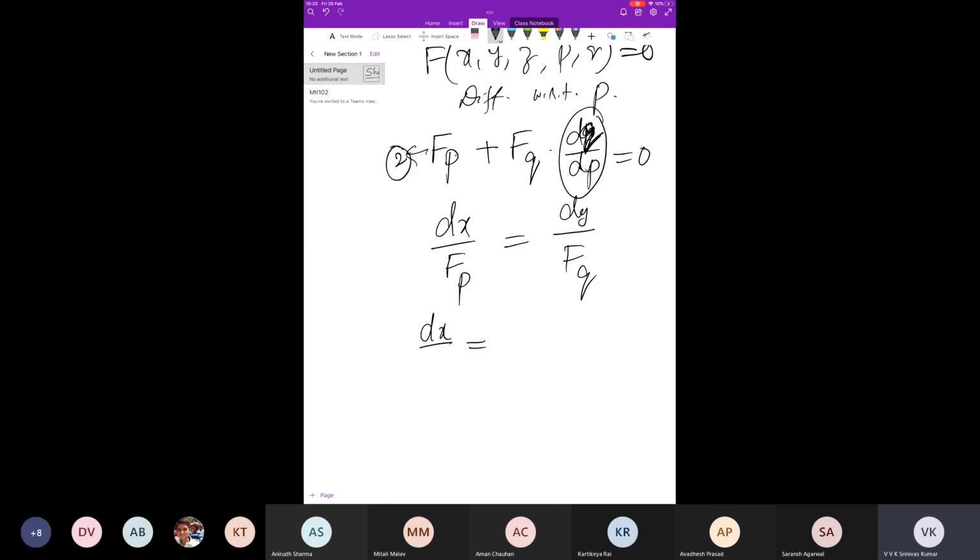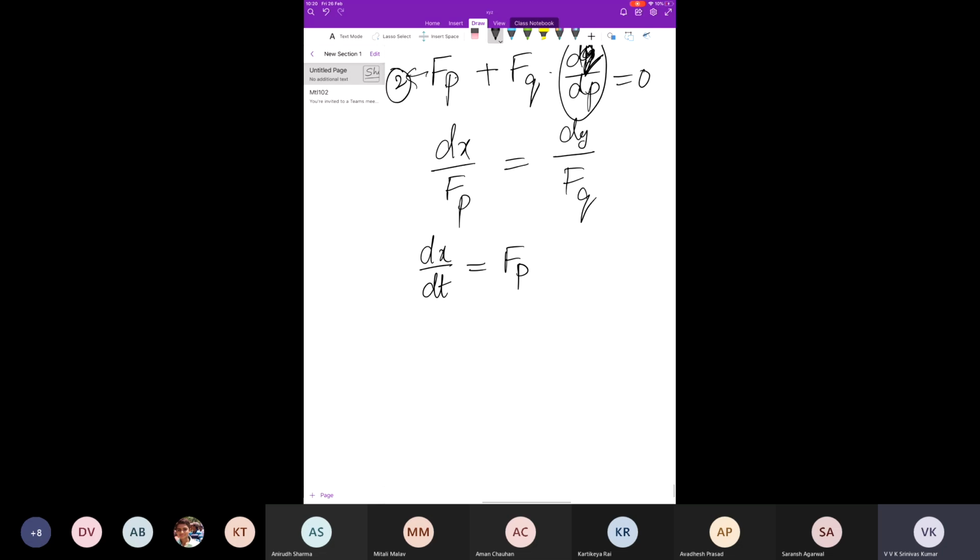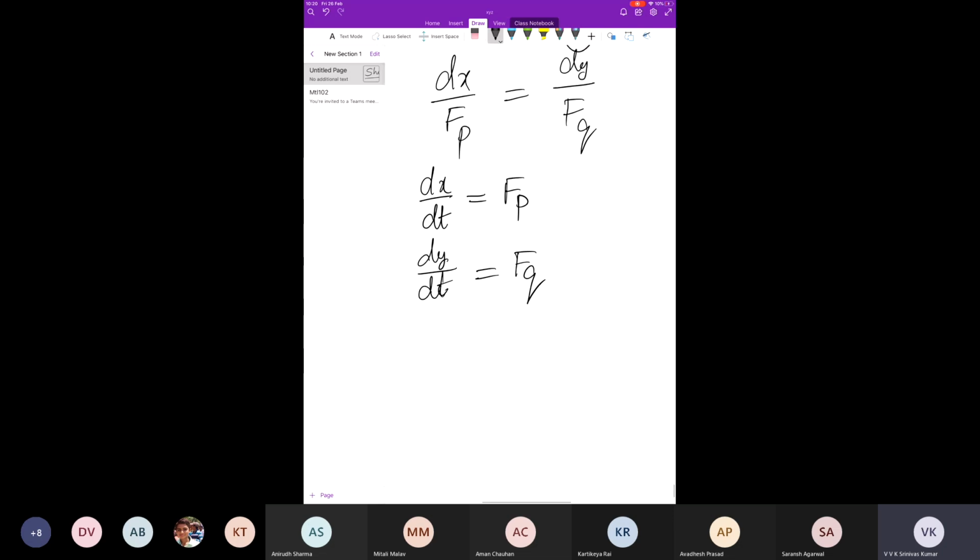You can write it as dx by dt is equal to fp, and dy by dt is equal to fq. And what is dz by dt? It is p dx, that is p fp plus q fq.